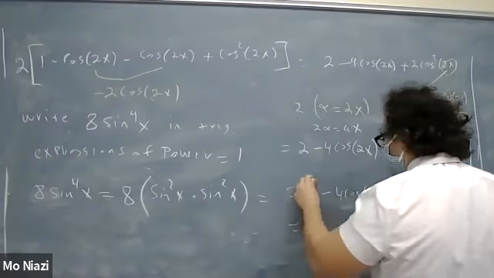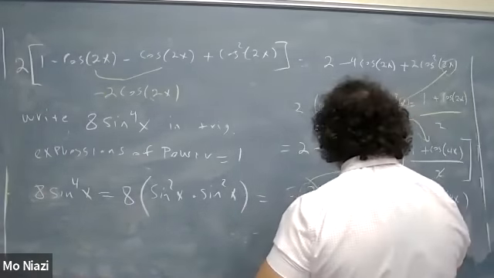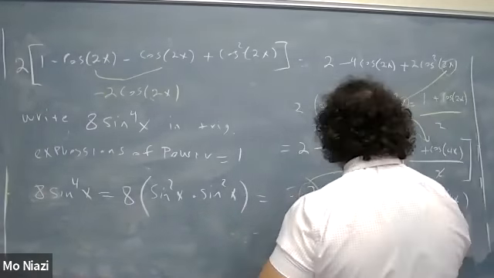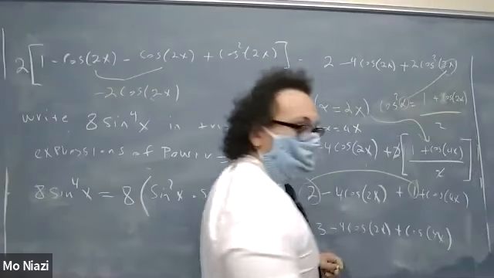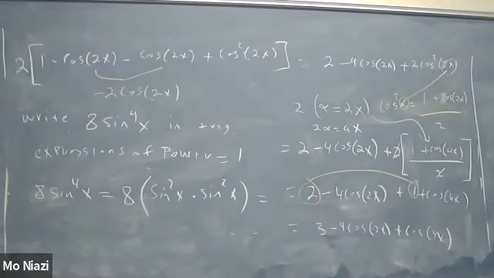These combine to give me a 3. 3 minus 4 cosine of 2x plus cosine of 4x. So sine to the 4th x is equal to 3 minus 4 cosine of 2x plus cosine of 4x. Isn't that crazy?